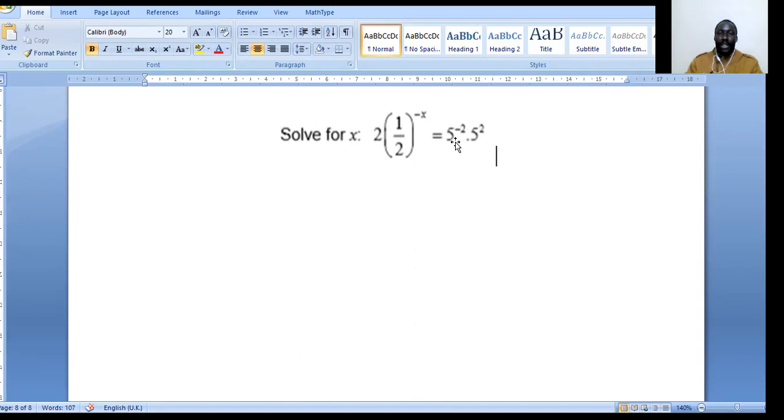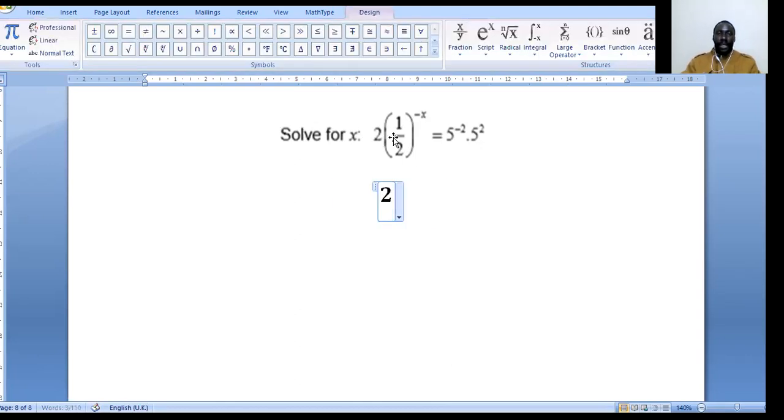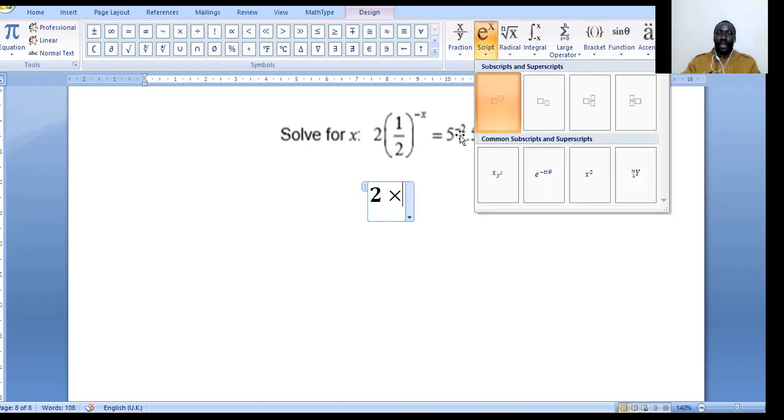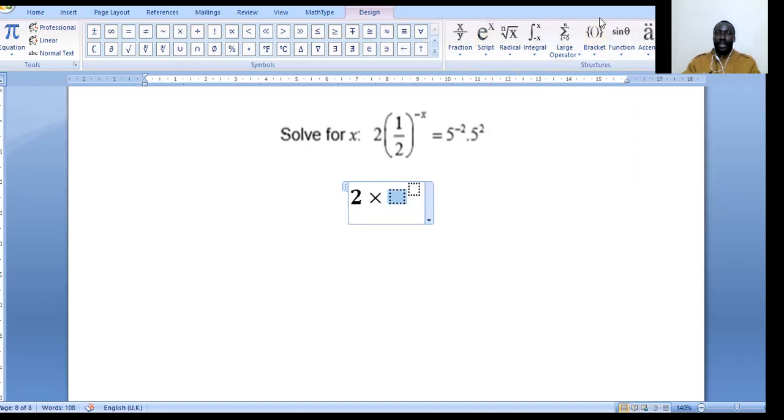Now, notice that this question is very interesting. Let's first write this 2. This 2 is multiplying the other 2. Well, let's put it inside the bracket and just try to simplify this.